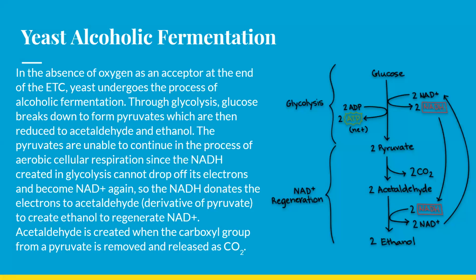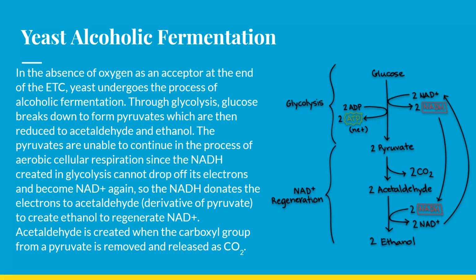Yeast alcoholic fermentation. In the absence of oxygen as an acceptor at the end of the ETC, yeast undergoes a process of alcoholic fermentation. Through glycolysis, glucose breaks down to form pyruvates, which are then reduced into acetaldehyde and ethanol.